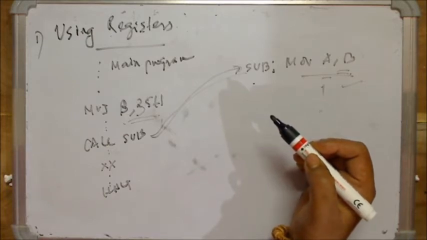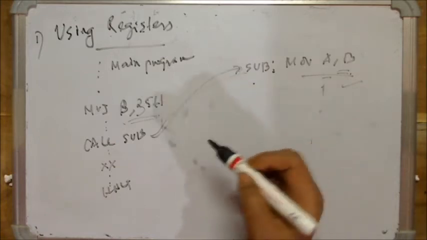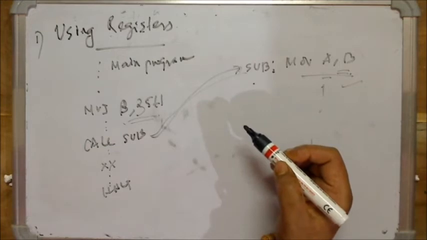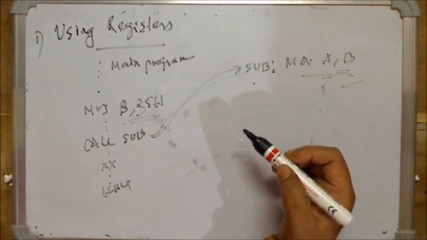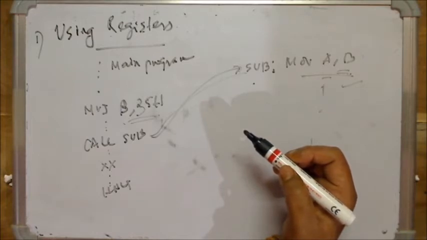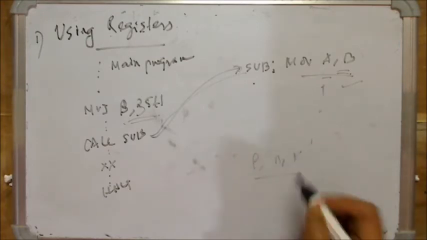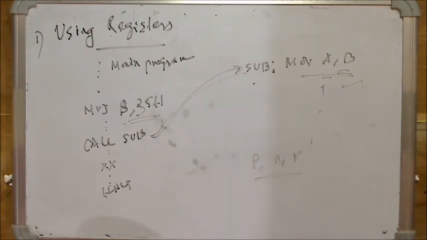This is the way of passing parameters to the subroutine. Now if you want to find the simple interest, you need to pass three parameters, right? Because for simple interest you need p, t and r.